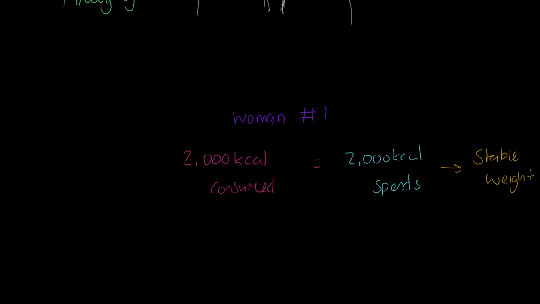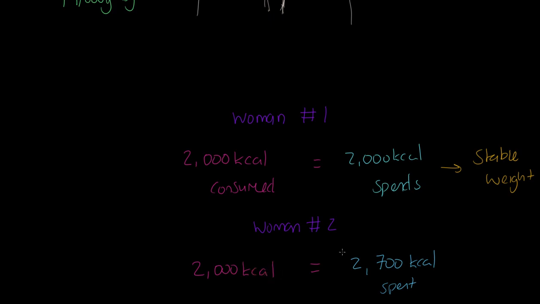Let's change this scenario. What about woman number 2? Let's imagine that she spends a little bit more than 2,000 kilocalories a day. She spends 2,700 kilocalories, because maybe she's training in the gym or she's played in a football match or whatever, but she still consumes 2,000 kilocalories.